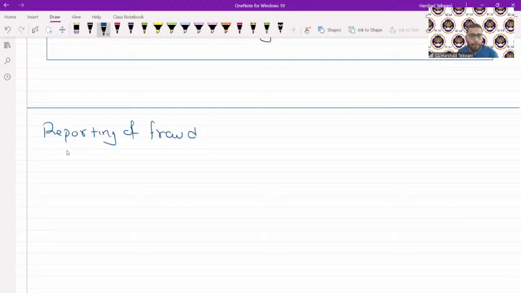Okay, reporting of fraud by auditor. Now, auditor is required to report fraud of 1 crore or more to the central government, and an amount less than that is required to be reported to the audit committee within 2 days.